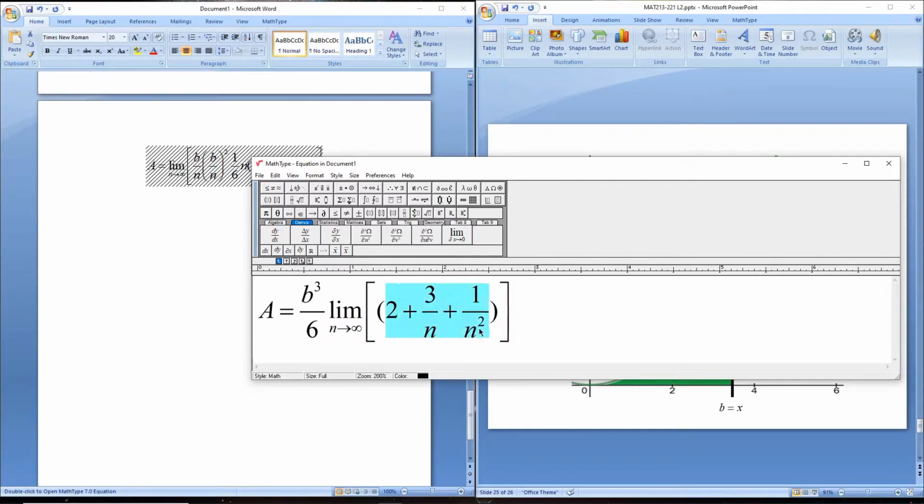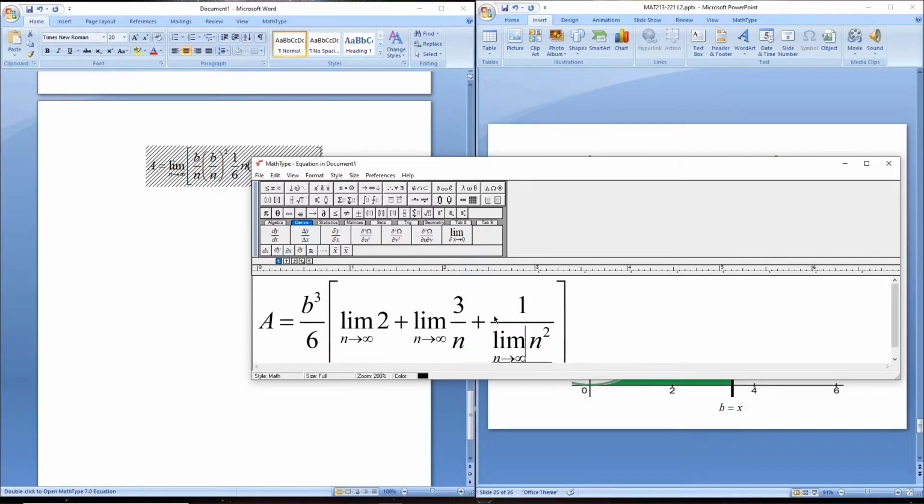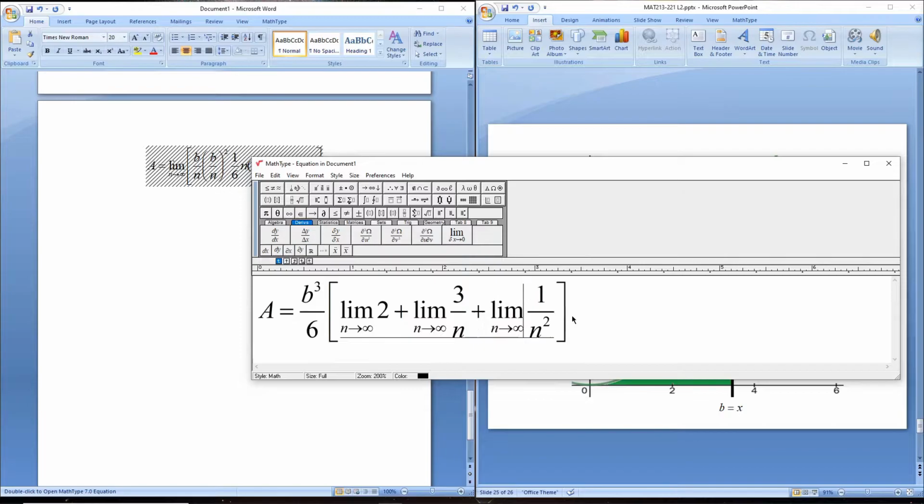And now the limit distributes, so we can distribute the limit to all this stuff in parentheses. And the limit of a constant is a constant, so the limit of 2 is 2. And these other two terms, 3 divided by something going towards infinity, means this is going to 0.